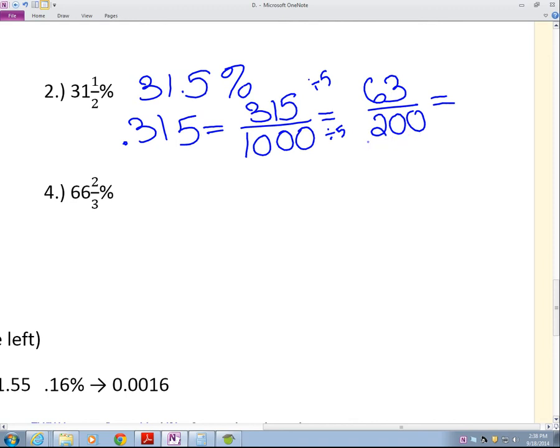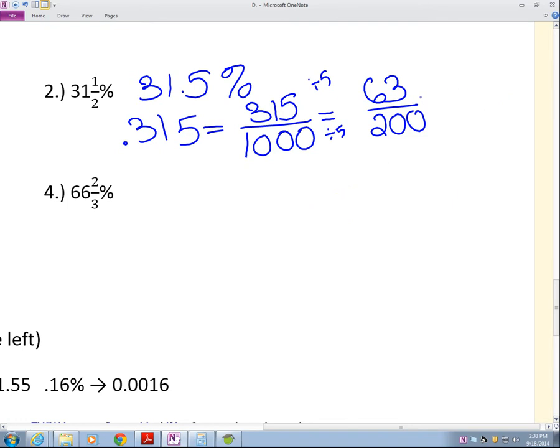Okay, 7 times 9 is 63, so we have 7. But does 7 go into 200? No. What about 3? 3 does not go into 200 because of divisibility rules: 2 plus 0 plus 0 equals 2, and 2 is not divisible by 3. Okay, we're going to leave that.